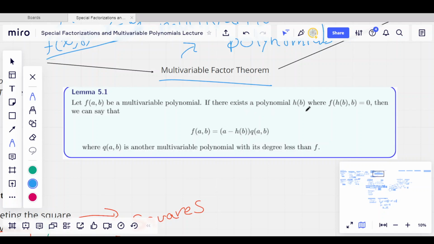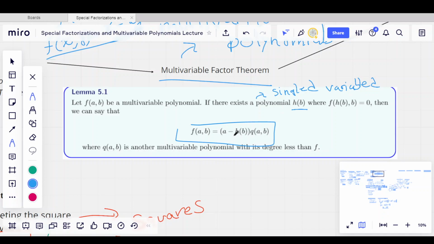If there exists a single variable polynomial h of b, where f of h of b equals 0, then we can say that f of ab is equal to a minus h of b times q of ab, where q of ab is another multivariable polynomial with its degree less than f.